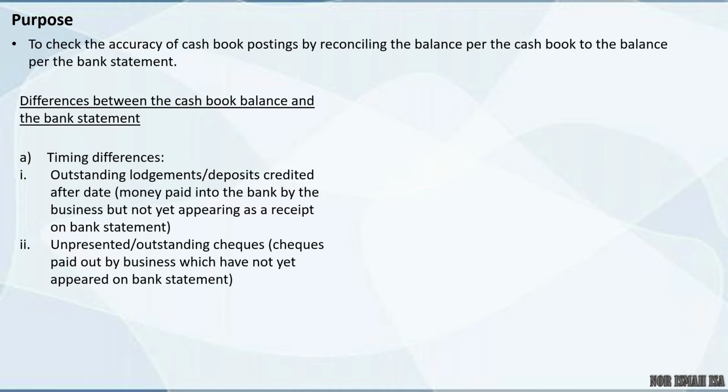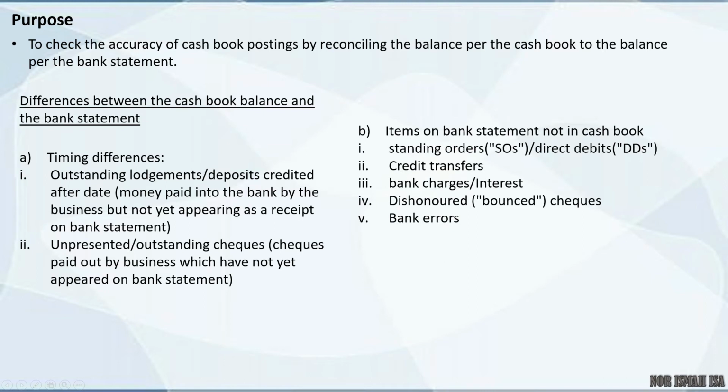But as for the bank statement, the check is still in transit, meaning it has not been cashed by the person who received the check, or it was already sent to the bank but has not cleared yet. So this amount will appear in the bank statement later.